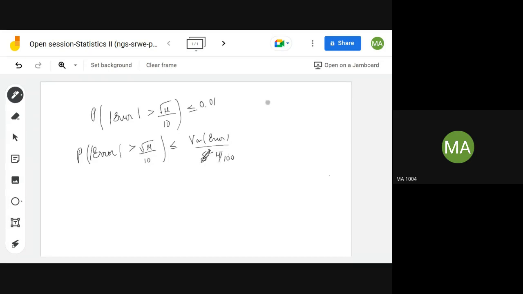And now see, error is x bar minus mu. The unknown parameter was mu. Now, this is the error. What is its variance?